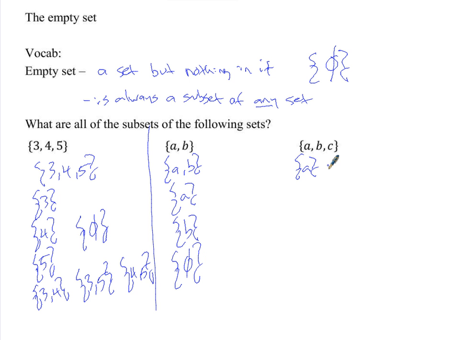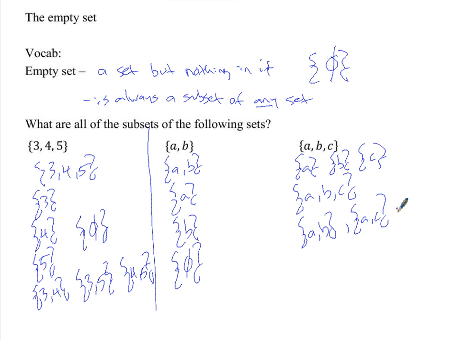If I have A, then B is also a subset, and C is also a subset. A, B, and C can be a subset. I heard A, B, A, C. BA is already taken care of by AB. Again, just rearranging the letters doesn't do anything. BC, and also the empty set.